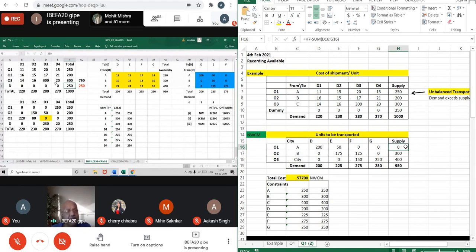So in this example, total requirement more than total available, introduce dummy center.